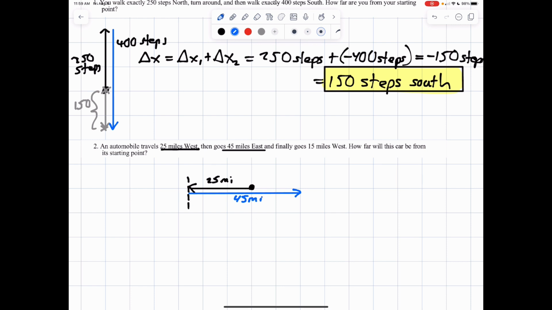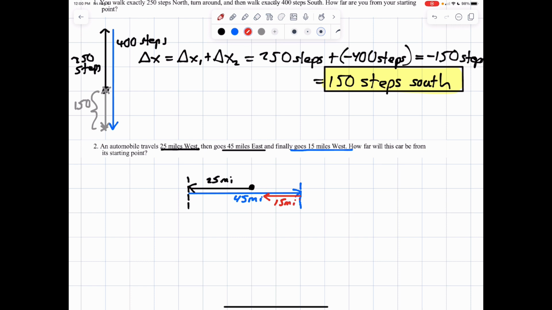Now at this point, we're finally going 15 miles west, so I'll do a different color there. 15 miles west would be 1.5 boxes, like that. That would be 15 miles going west.